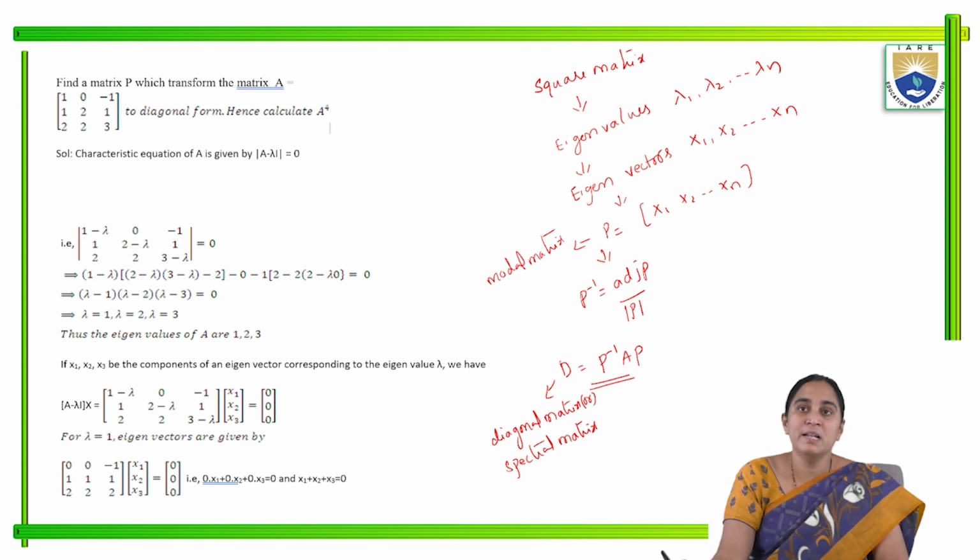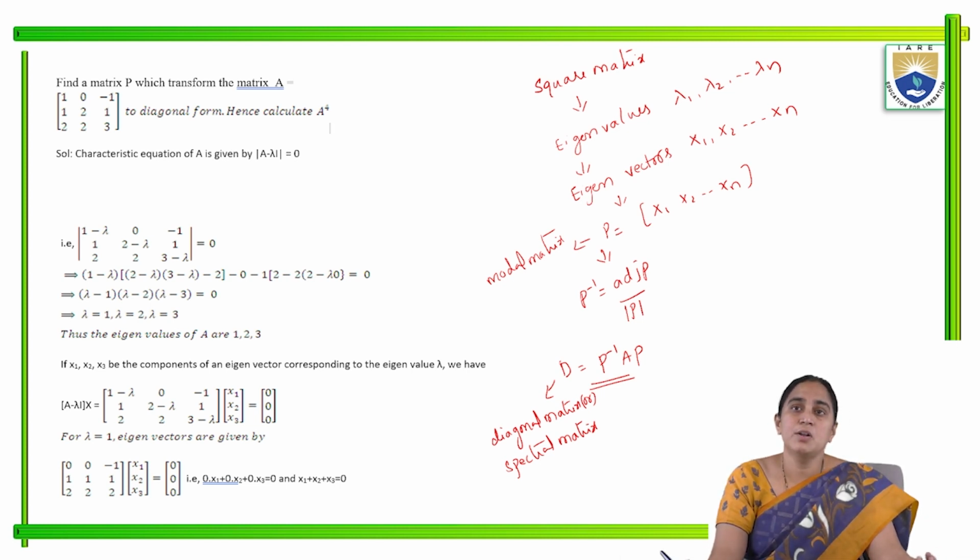For diagonalization of a matrix, two cases are there. What is the first case? If the eigenvalues are distinct, definitely that matrix is diagonalizable. If the eigenvalues are repeated, first of all we have to verify the algebraic multiplicity and geometric multiplicity.